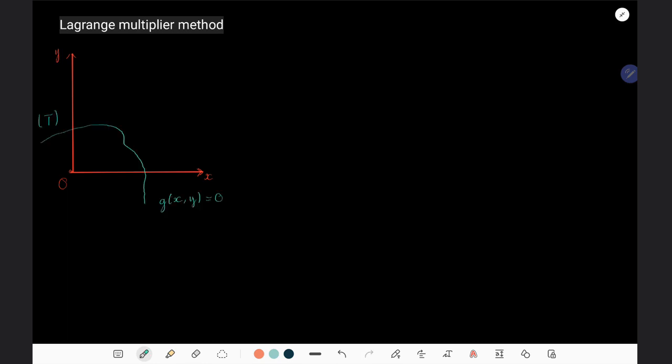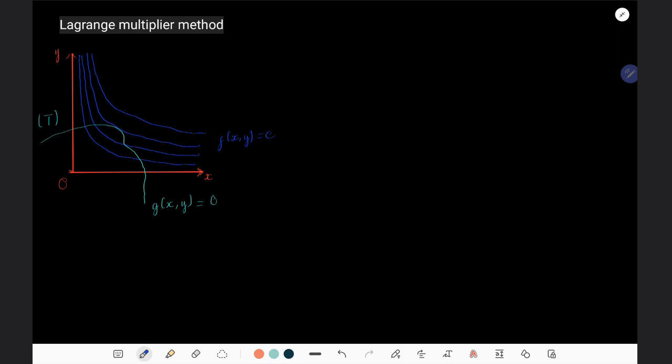The figure shows the curve g of x, y equal to 0, together with several level curves of function f of x, y equal to c, where c is a constant. To maximize function f subject to g is to find the largest value of c such that the level curve f equal to c intersects with g equal to 0.